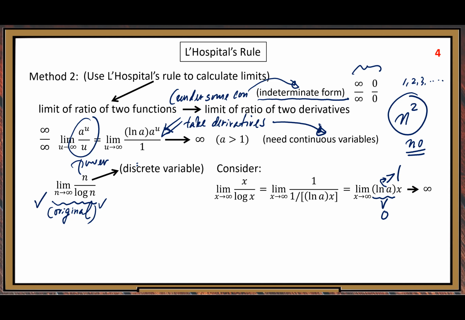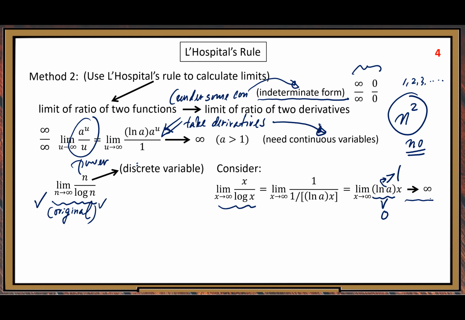So you can see after we change from a discrete variable to a continuous variable, we get around that limit existence problem. So finally, we find that this limit equals infinity. After that, we go back to our original limit.